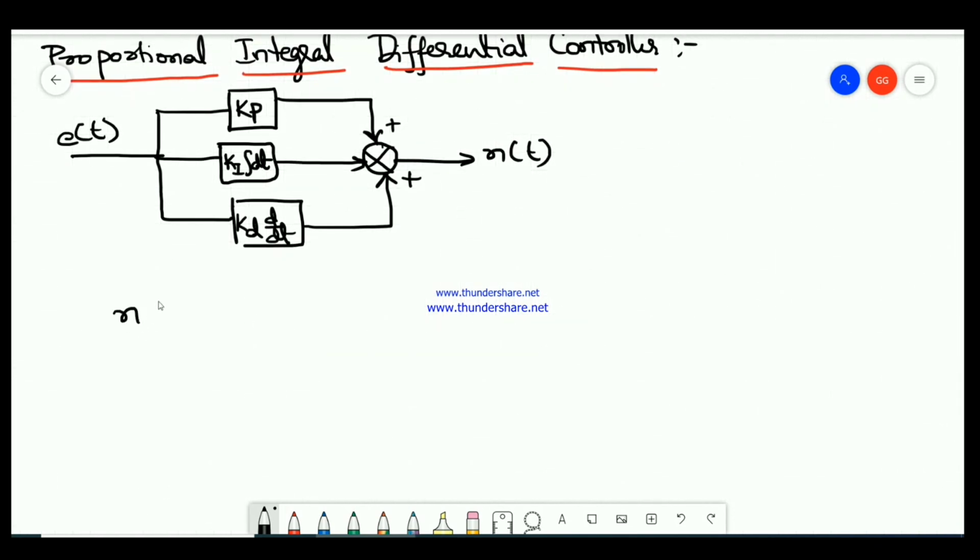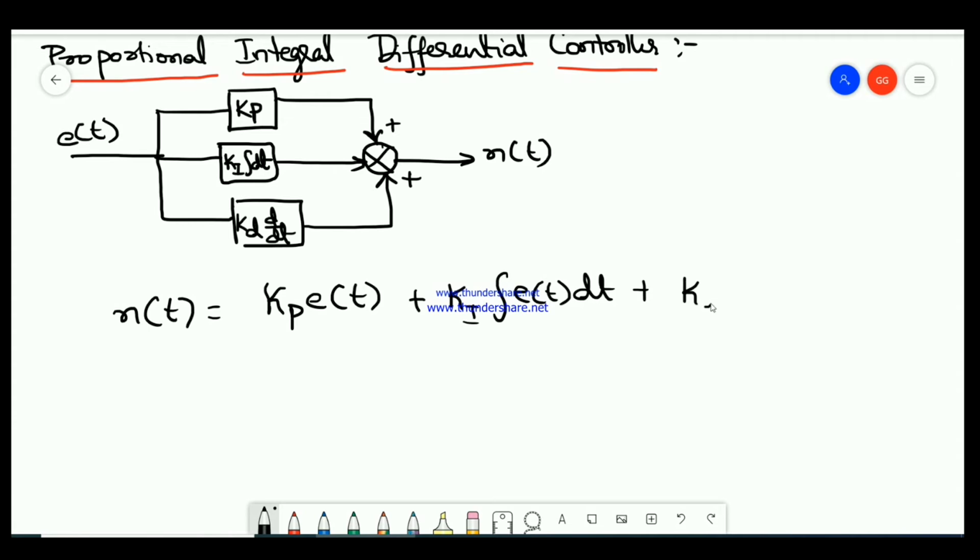Therefore, n(t) equals Kp into E(t) plus Ki into integration of E(t) dt plus Kd into d by dt of E(t).